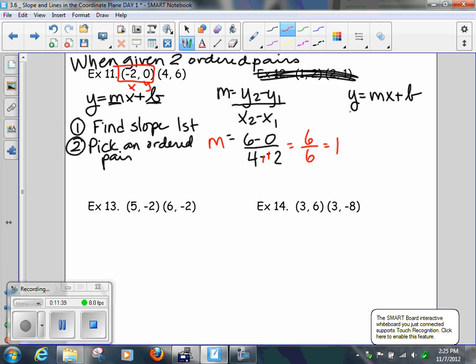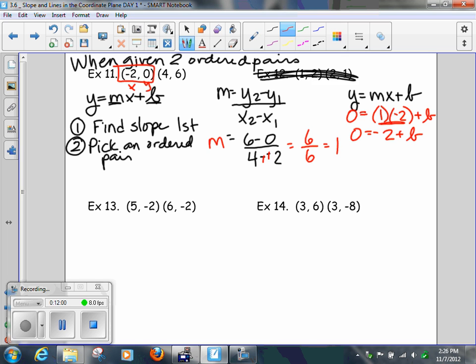So we got 0 equals, what's our m? 1. And our x? Negative 2, be careful, plus b. What's 1 times negative 2? Negative 2. And then what are we doing? We're adding 2. And that gives us 2 equals b.